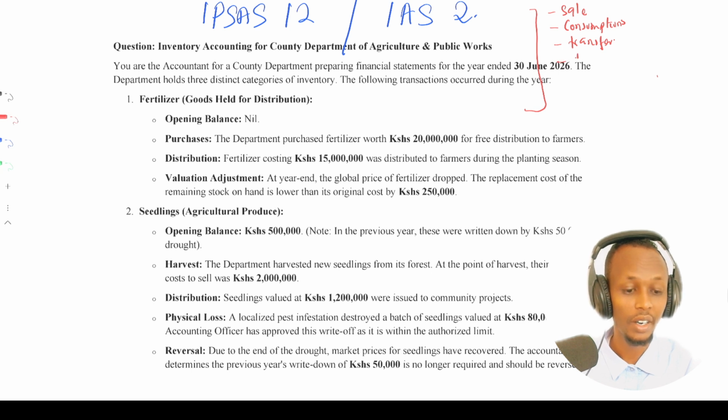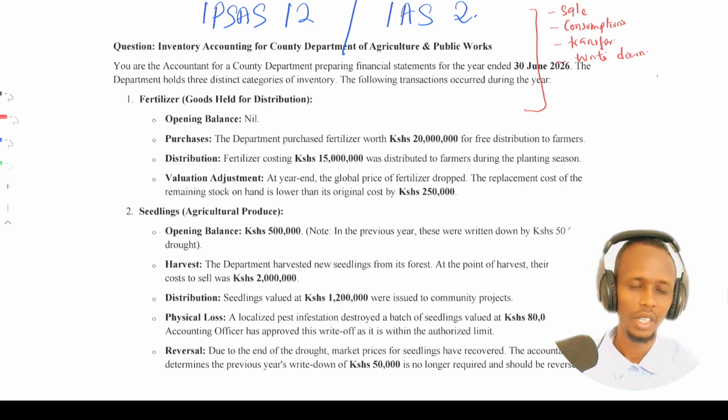Then through write down, and there is also a write off, which forms part of the write down.